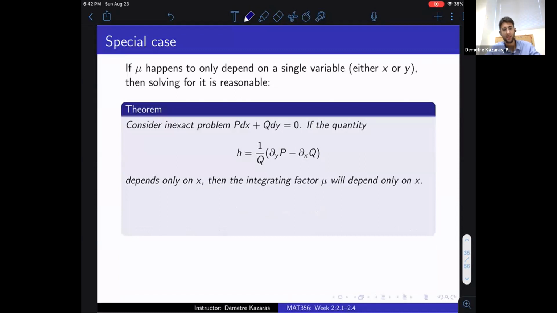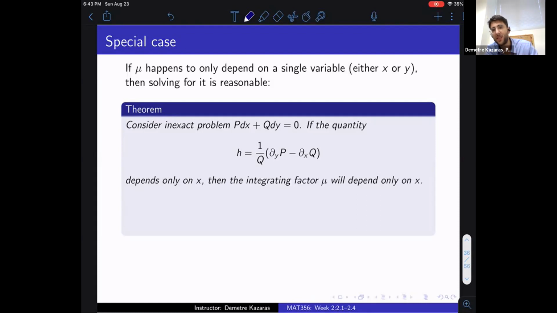So let me give you another fact, which is not as deep as the other ones, but let me say it anyway. Suppose you try to take this inexact problem, p dx plus q dy equals 0, where that left-hand side is not the differential of a function, where it fails that commutativity of the partial derivatives, and you try to find the integrating factor.